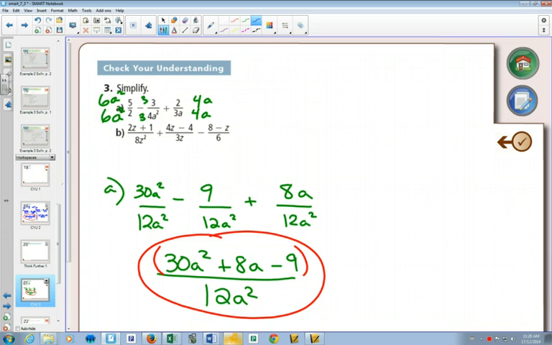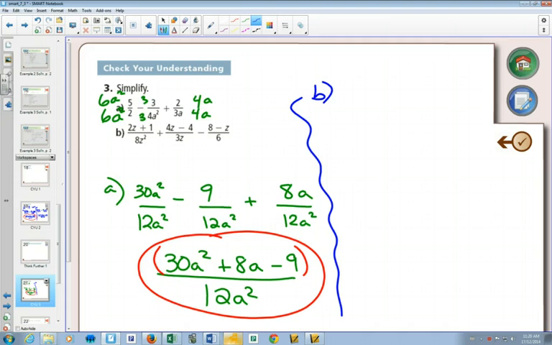For 6B. All right, B. Looking at our fractions, we don't have a common denominator, but we have 8, 3, and 6.